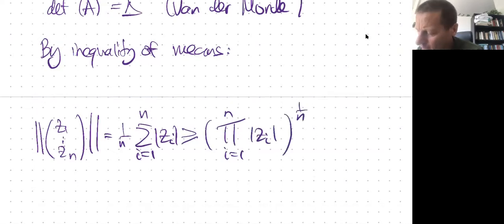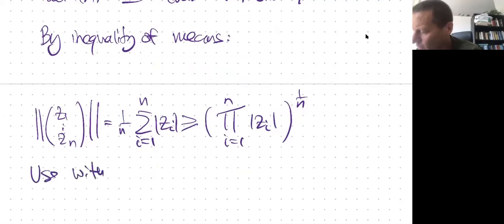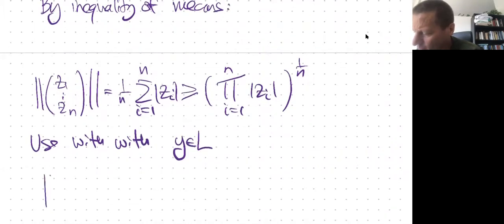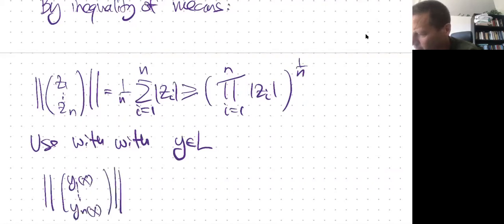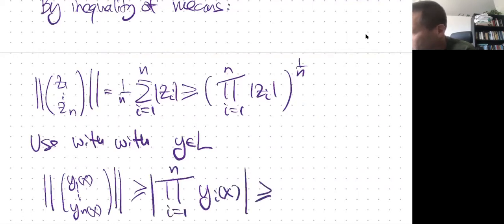And use this with y, a vector in L, then we get that the norm of y1 of x up to yn of x is greater than the product of the yi's in absolute value, which is at least 1 by what we had before. Here, y is A of x.